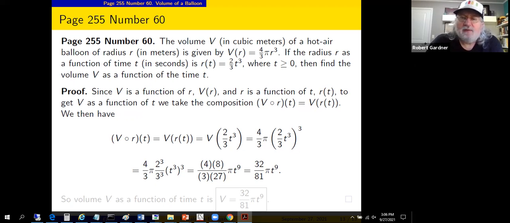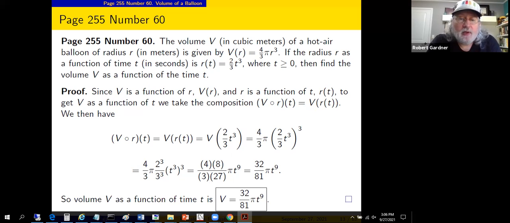And I guess we can simplify a little bit. We'd have 2 cubed, 3 cubed, and t cubed cubed, right? 2 cubed is 8, 3 cubed is 27. T cubed cubed is t to the 9th. Multiply exponents under those conditions. And if we multiply numerators and denominators out, that gives us 32/81 pi t to the 9th power.